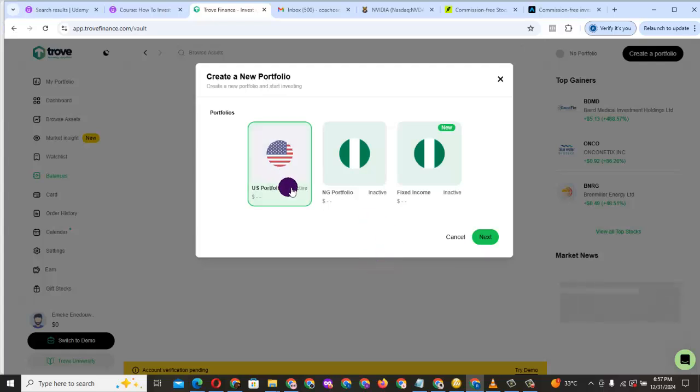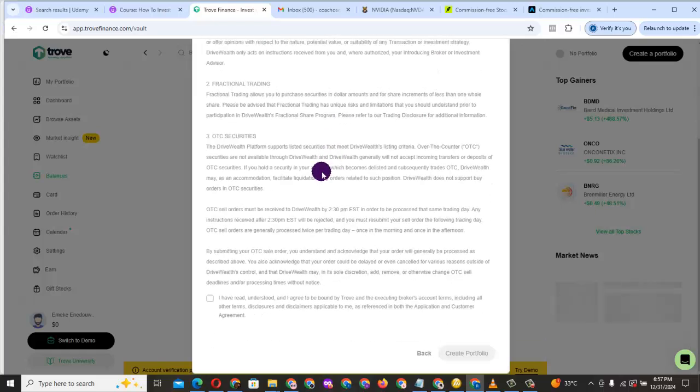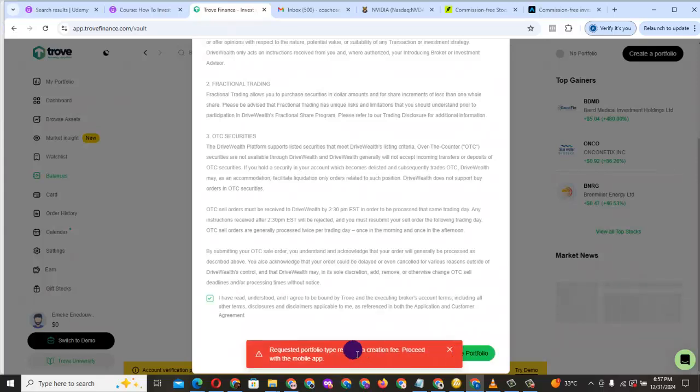And so if you want to create this now, I think because this account has not been approved, let me show you. You just go ahead and come here. You say create portfolio. Once you click create portfolio, you can see what it says: the requested portfolio type requires a creation fee. By the time you use your mobile phone to do that, it will take you to where you are going to fund it.